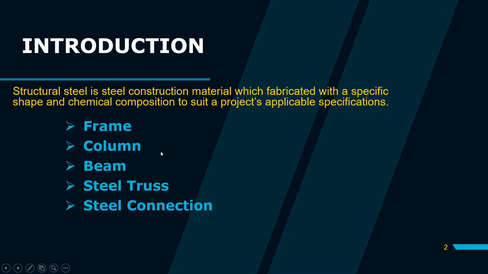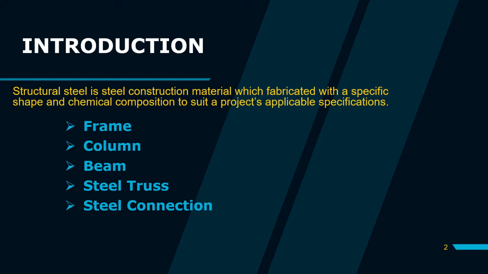These are common components in structural steel. First, frame. Frame is a complex of column and beams, girders, purlins, and trusses connected to one another to the column anchored in the foundation. Then column. Column is a structural element that is subjected to axial compressive force. Beam.